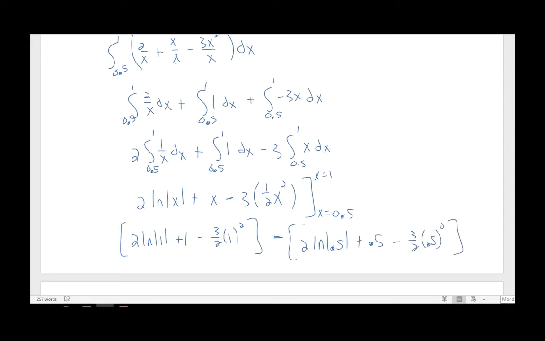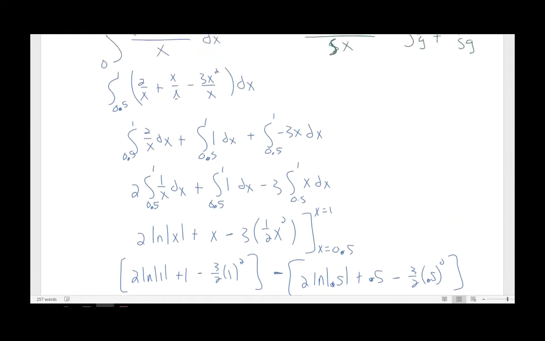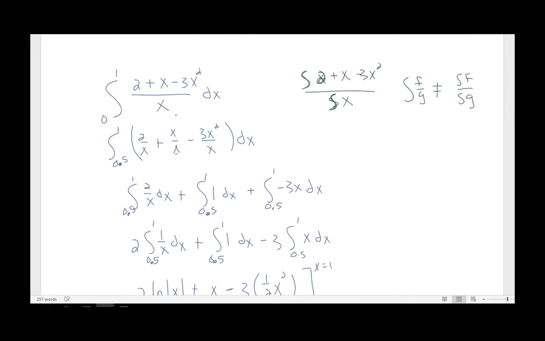Okay, and I could simplify all of that and clean all of that up, but that's not what I wanted to focus on in this example. What I wanted to focus on was taking the original integrand that we had, 2 plus x minus 3x squared all over x, and discussing how we would find that antiderivative.